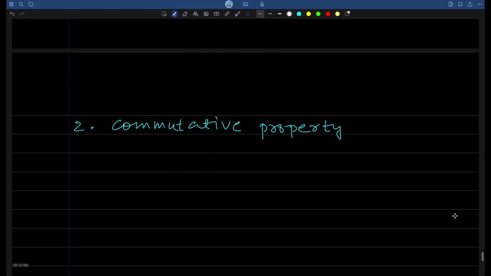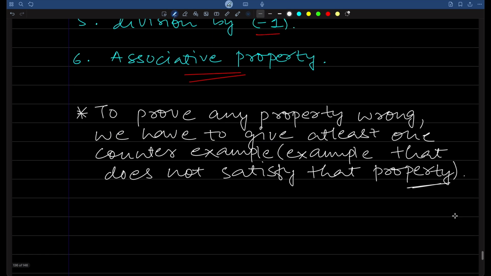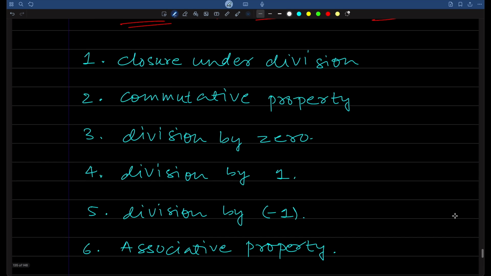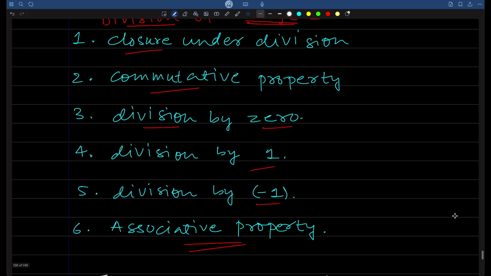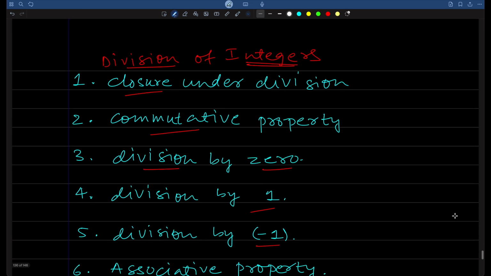So let us start with the first property, that is closure under division.